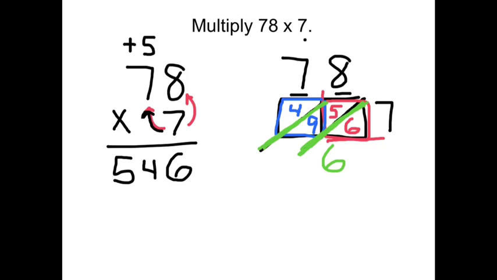So that's going to be 14, then we carry the 1. And that 1 plus the 4 is 5. And you can see that we got the same answer both ways. So 78 times 7 is 546.